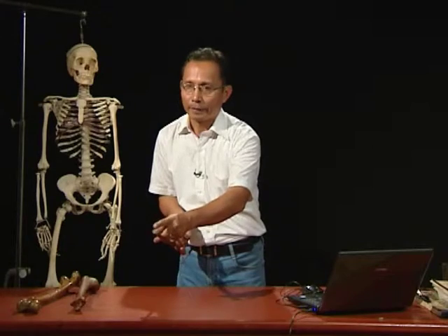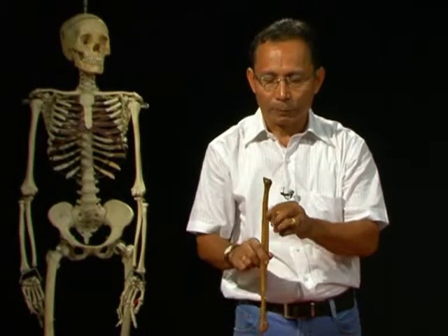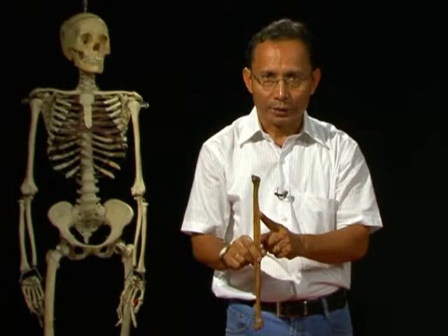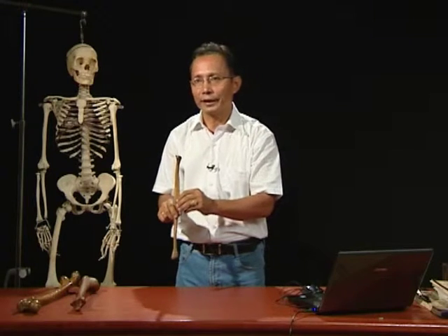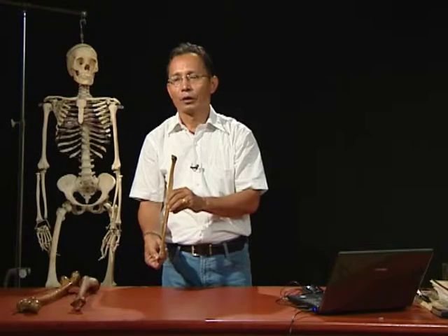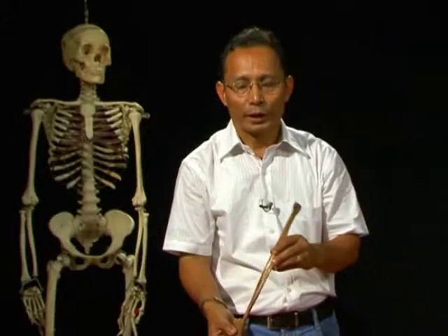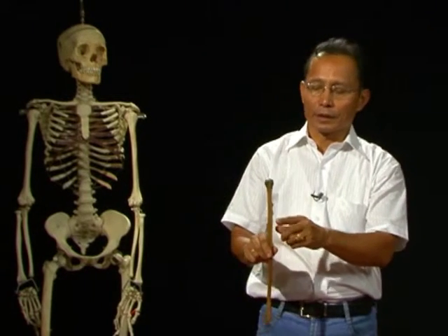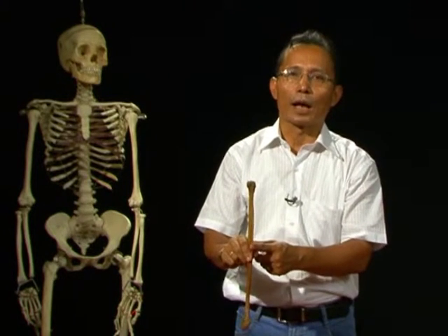This is the upper end. This is the lower end, which should be downward. So keeping these 3-4 points and fitting it in anatomical position, we can very easily identify the side of the body to which the given fibula belongs. So naturally, in this case, considering all those landmarks and points, we can very easily identify that this is the right fibula of man.